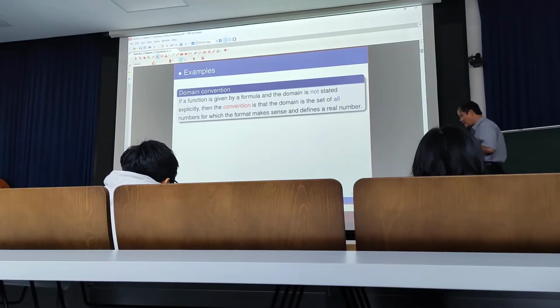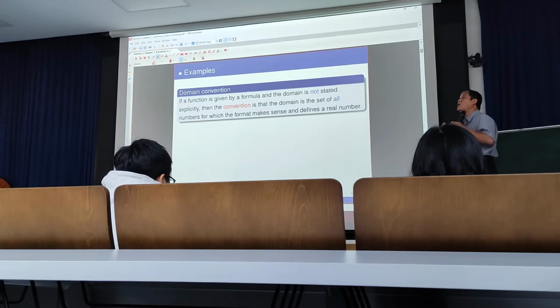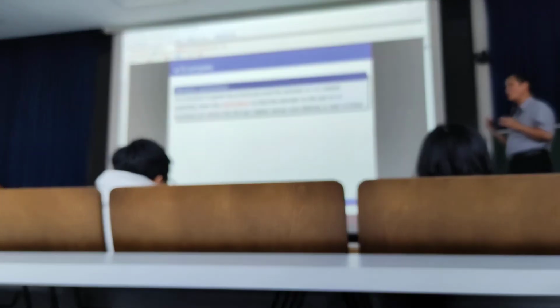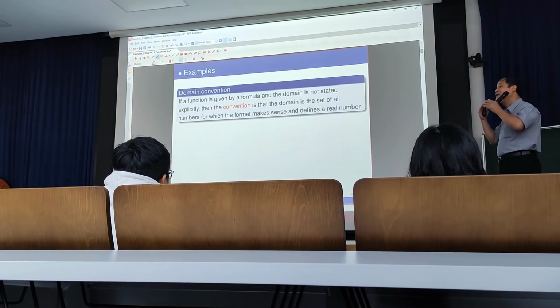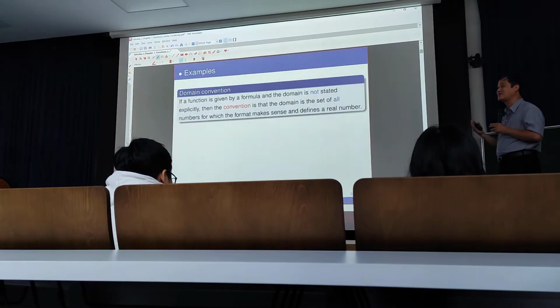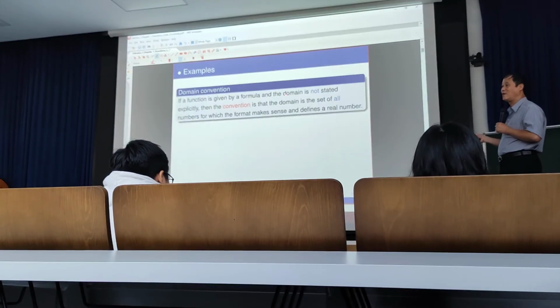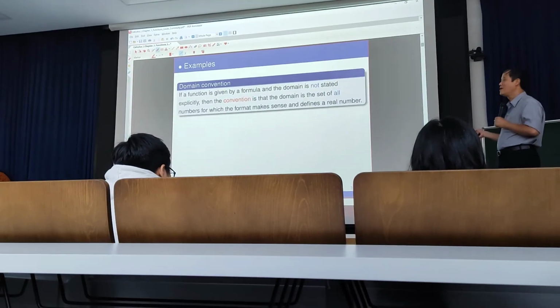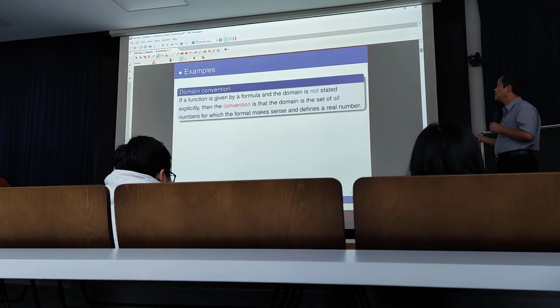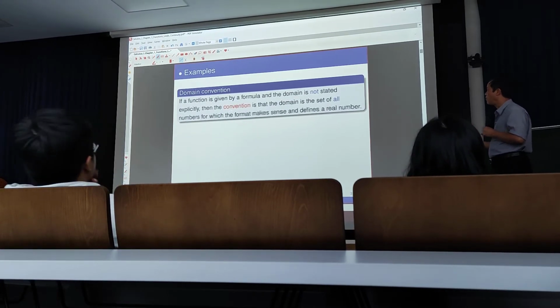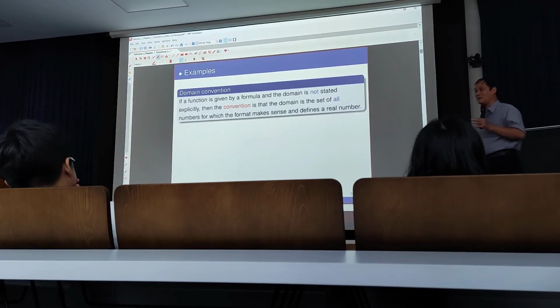Domain convention, what do I mean? When we talk about a function, usually we want to know in what set the function is defined. We want to know what the domain of the function is. But usually, a function is given by a formula and the domain is not written.